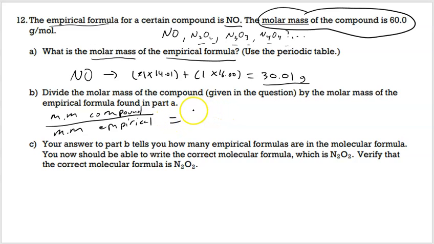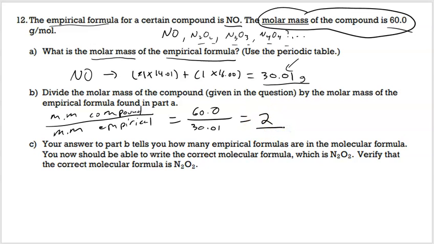And what this would be in this case is the molar mass of the compound is 60.0. The molar mass of the empirical formula we just calculated is 30.01. So basically, right, we're just going to go with 2. All right?